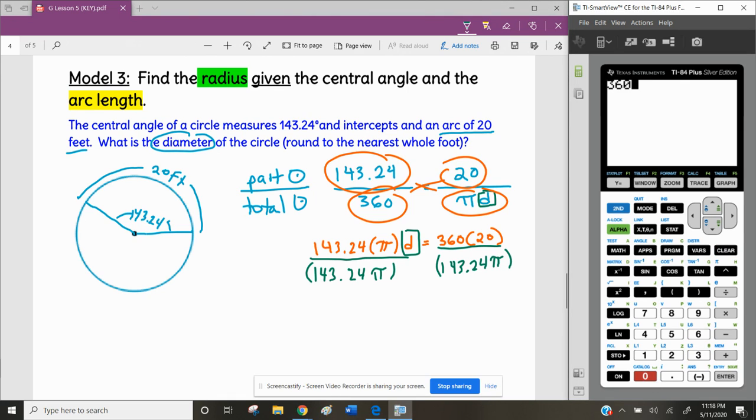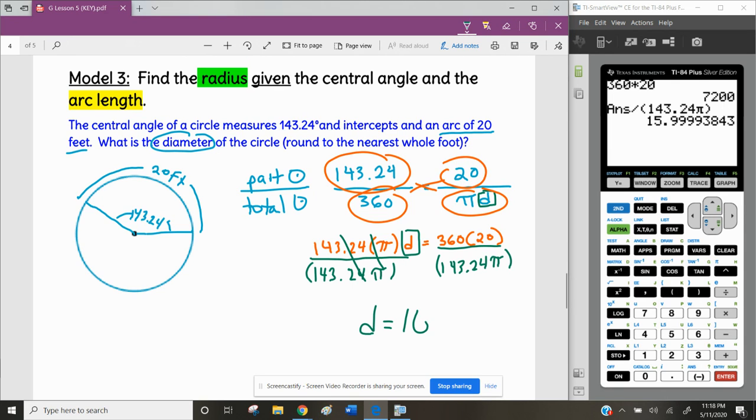So 360 times 20 divided by 143.24 times pi, enter. And so that's going to leave me with a diameter to the nearest whole of 16 feet.